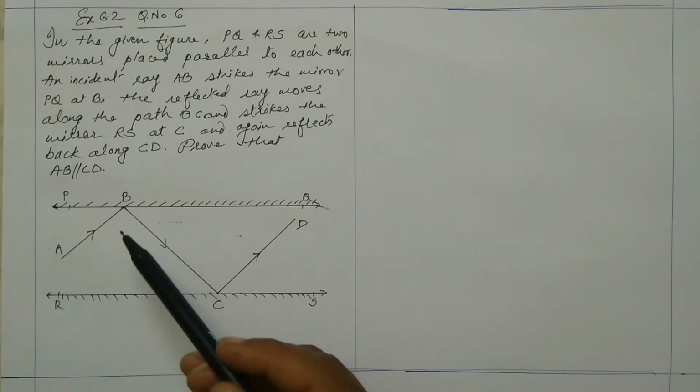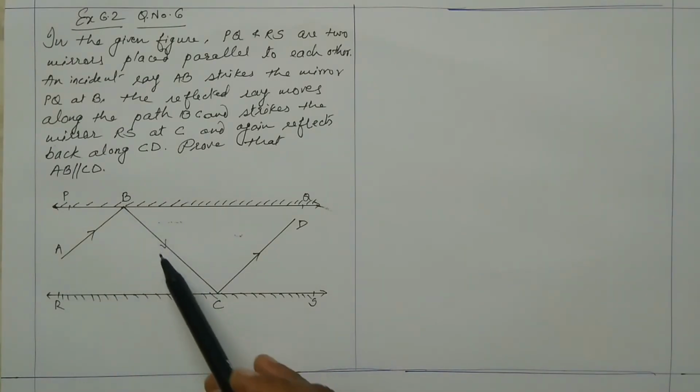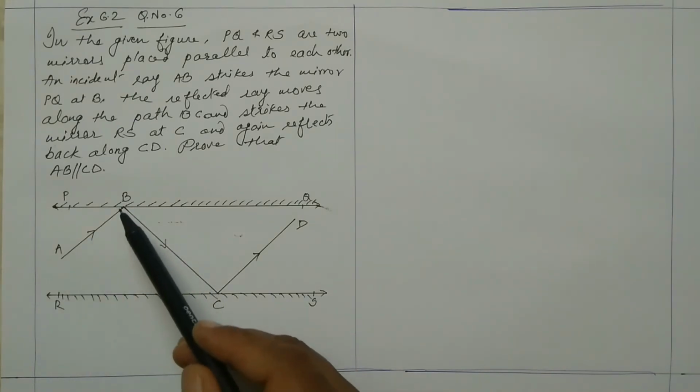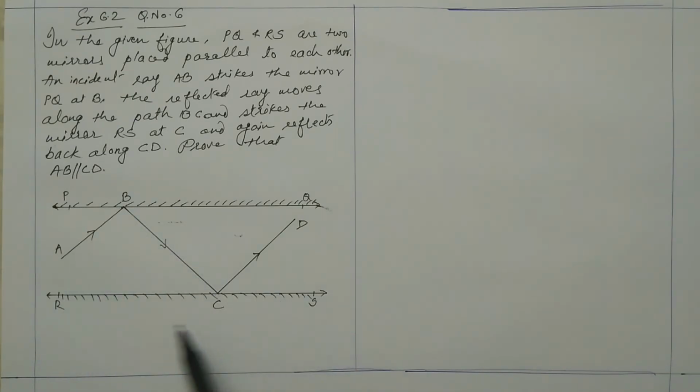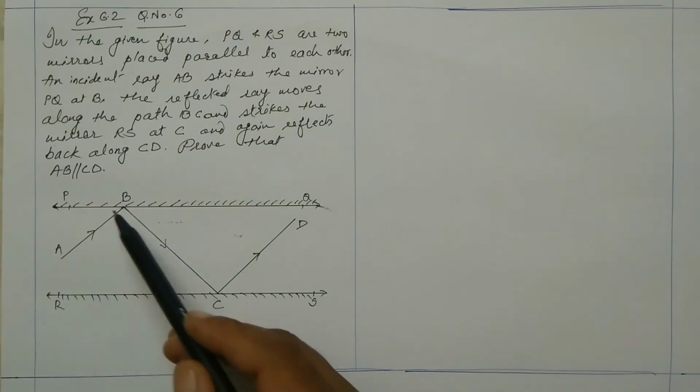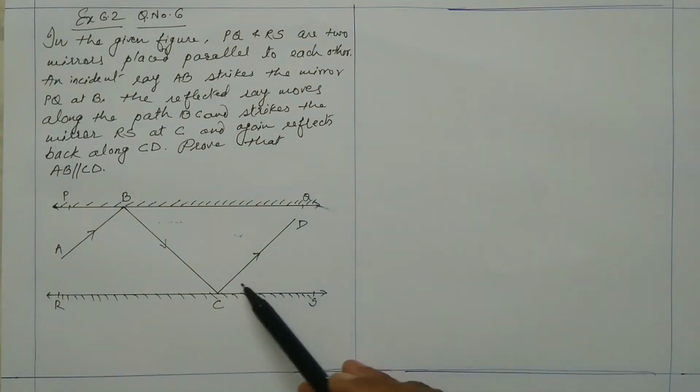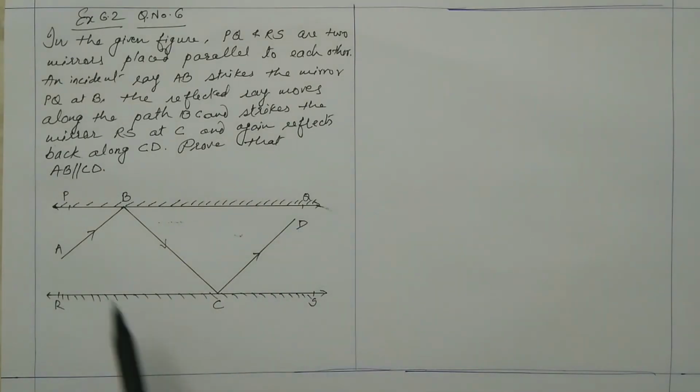Then it moves towards mirror RS and strikes at point C. With respect to AB, BC is the reflected ray, but for mirror RS, BC is an incident ray, and this incident ray is reflected in the direction CD. Then you have to prove that AB is parallel to CD. So your target is AB parallel to CD.